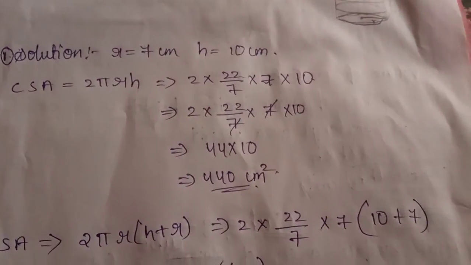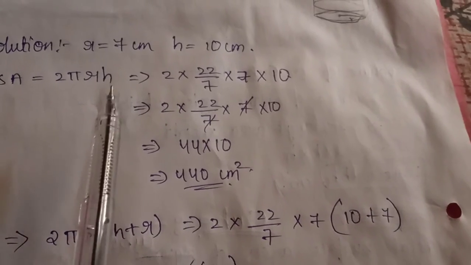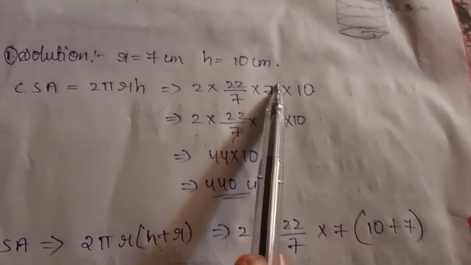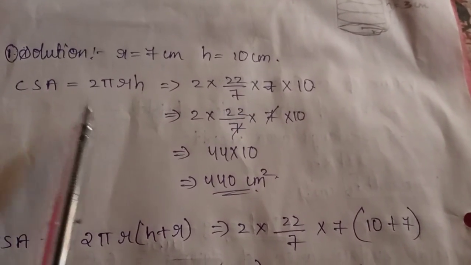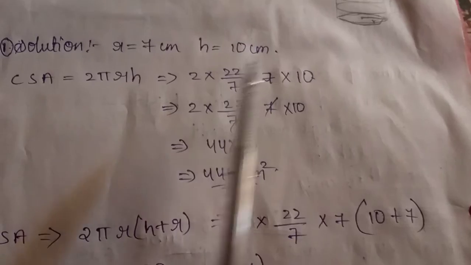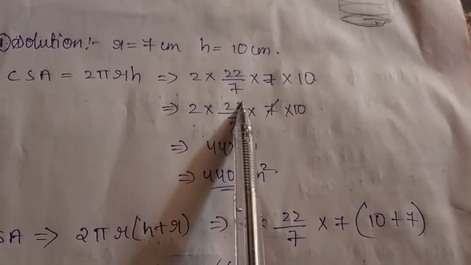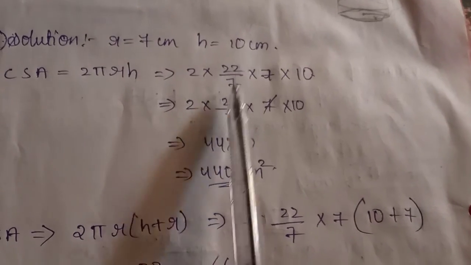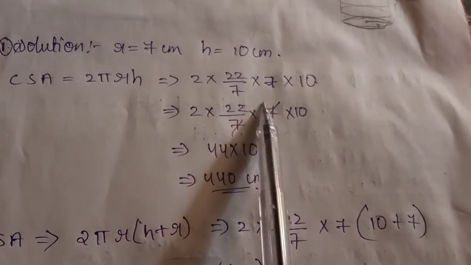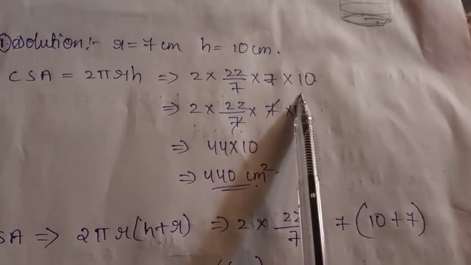So we will now solve the problem. Here we are given radius r equals 7 centimeters and height equals 10 centimeters. So curved surface area. The formula for curved surface area is 2 pi r h. So 2 into, we set the value for pi as 22 by 7, and radius is 7 centimeters, so into 7, and height is 10, so into 10.